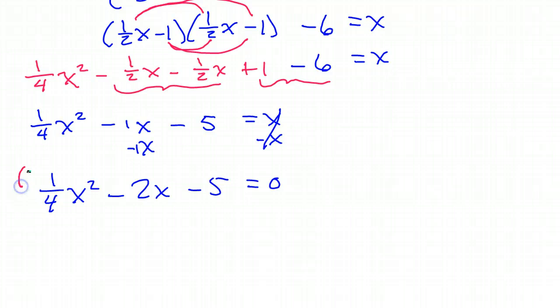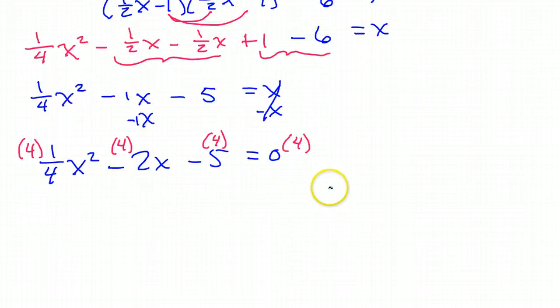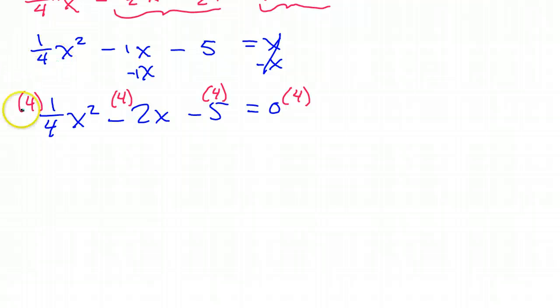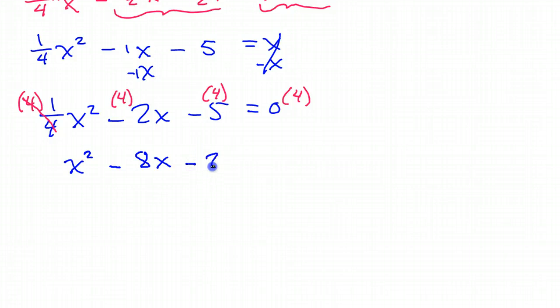And we can get rid of it by multiplying through by 4. You have to multiply everything though, otherwise you're changing the value and the balance of the equation. Everything is multiplied. Here they cancel out. So I've got x squared, negative 8x, and minus 20. 0 times 4 is still 0.